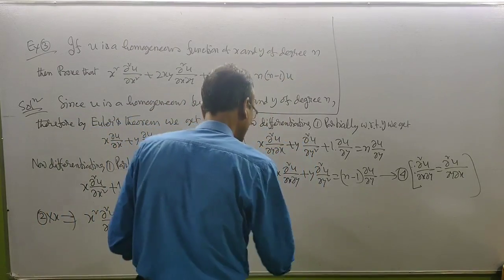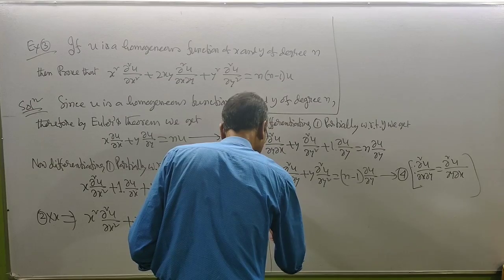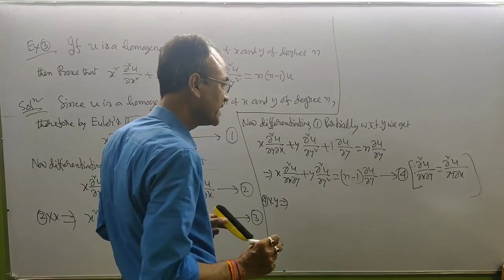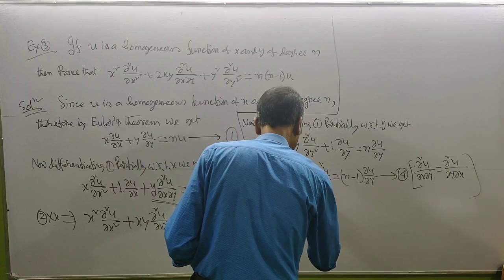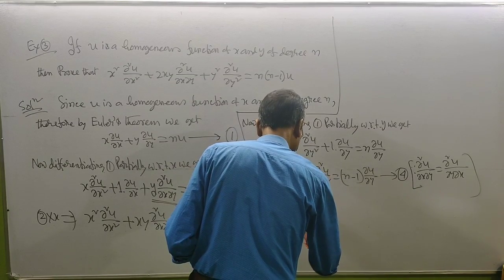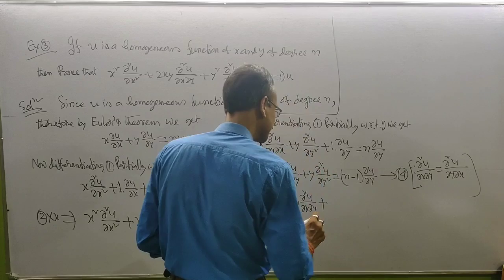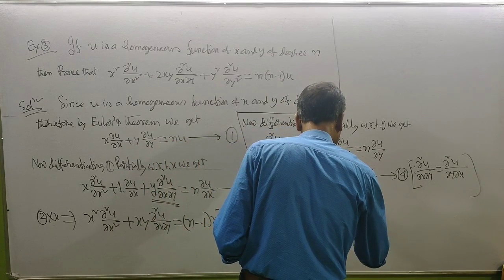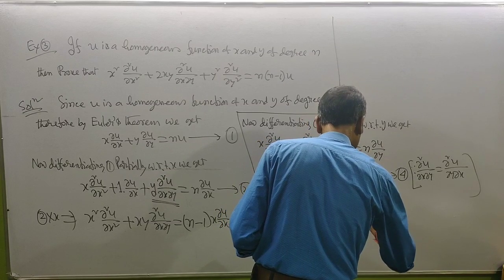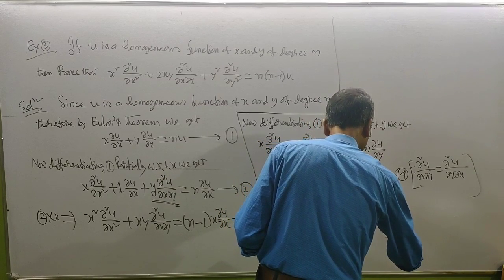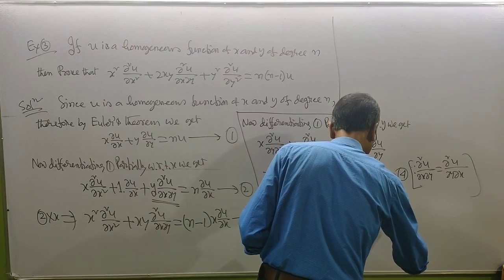This means now 4 multiplied by y. Multiplying 4 by y, we get xy del 2 u by del x del y plus y square del 2 u by del y square equal to n minus 1 into y del u by del y.